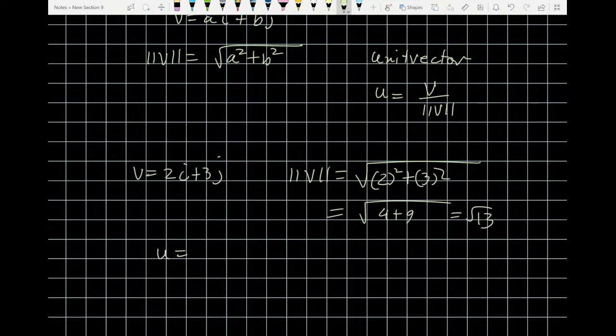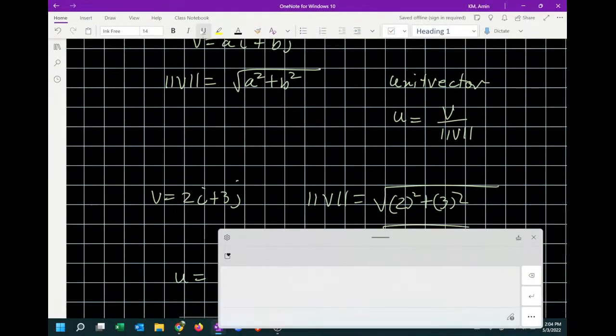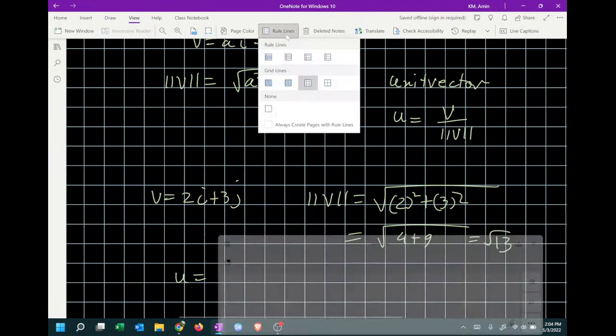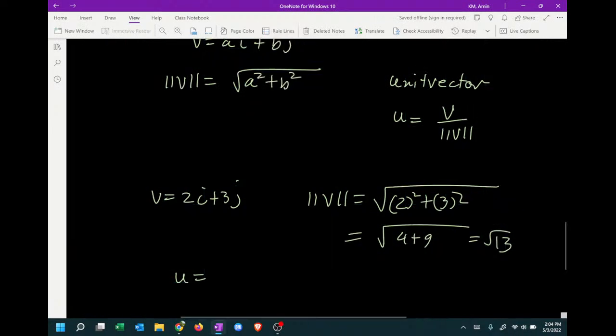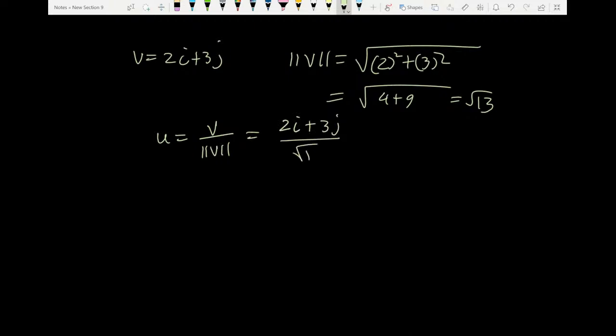What about the unit vector in this case? The unit vector would be v over the magnitude of v, which is 2i plus 3j over square root of 13.